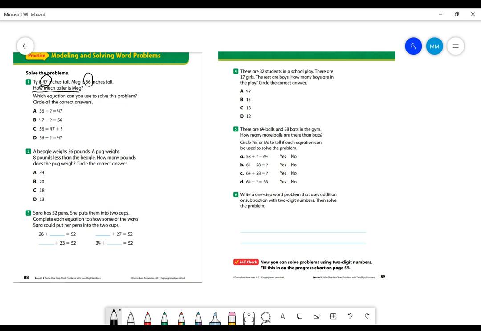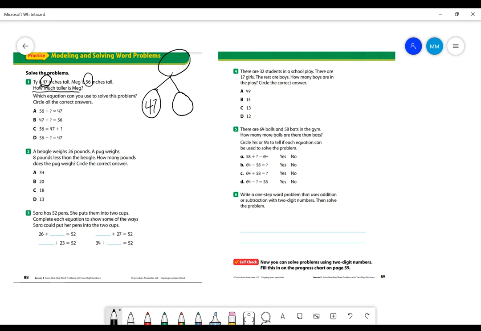All right, so we know that Ty is 47 inches tall. Okay, so we know that part. And we know that Meg is taller, but it isn't wanting us to find how many inches tall they are together. It's wanting us to compare.